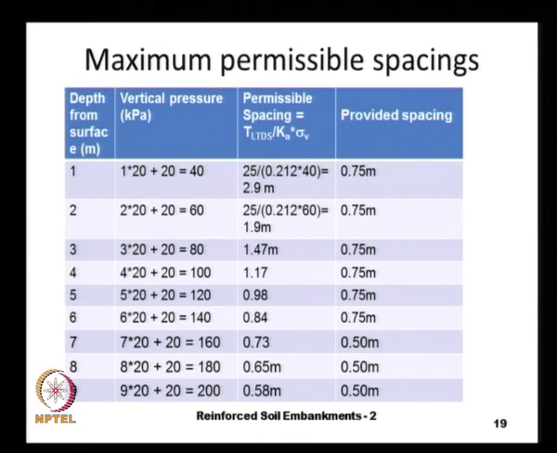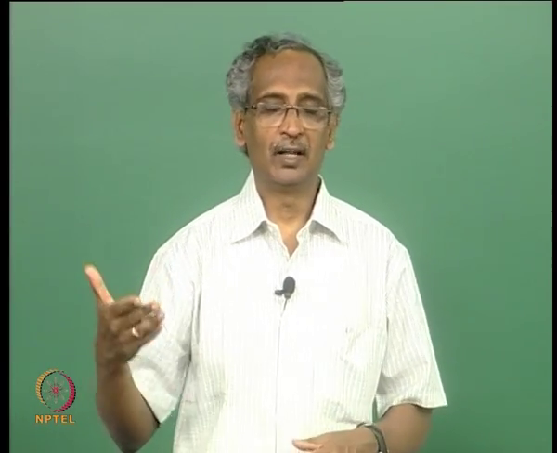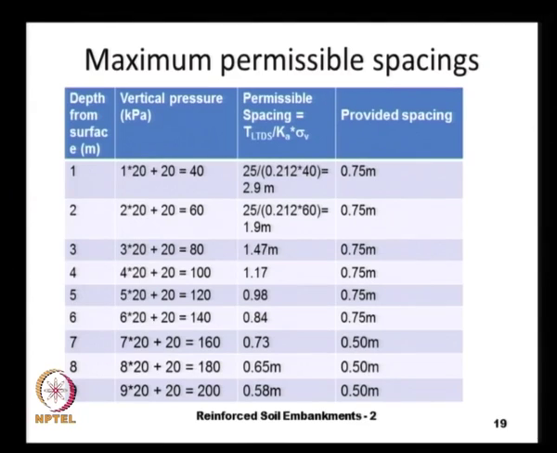and this comes out as 2.9 meters. But if we provide reinforcement at a very large spacing, we may have failure between two reinforcement layers, and because of that all the design codes recommend the maximum spacing that you can provide. Usually it is not more than 1 meter, because if we have very large spacings, the soil height between the reinforcement layers may fail, because as you recall, the action of the reinforcement is only in its own plane and the effect gets transferred to some height.